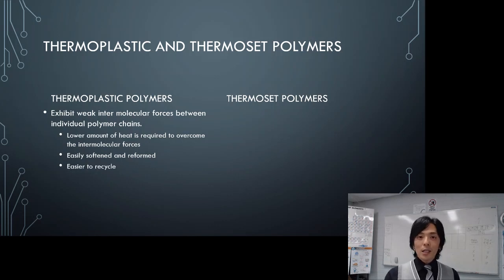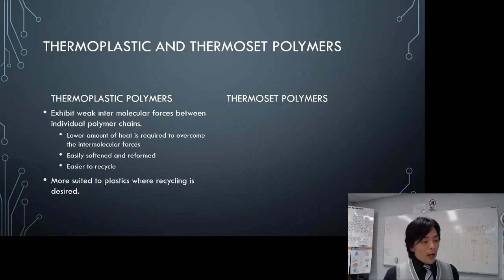That means it's easy to recycle. More suited to plastic where recycling is desired. So think of something that's recyclable, like PET, polyethylene terephthalate, that makes up water bottles. Usually they are recycled because they are thermoplastic.